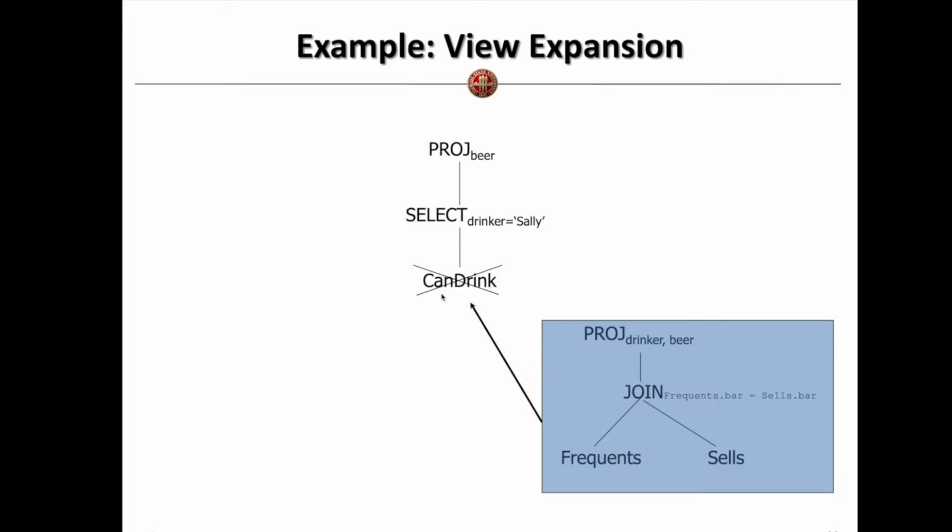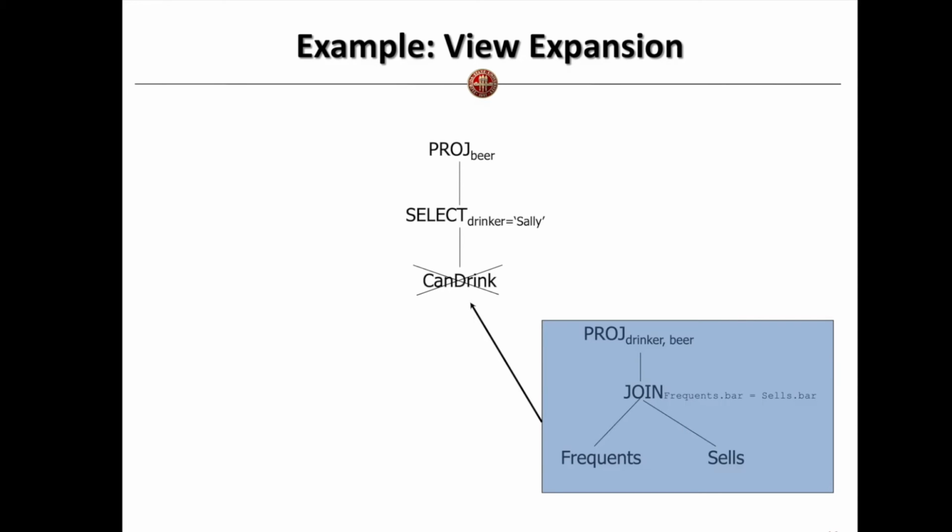However, when the system sees this CanDrink, it will remove this CanDrink and replace it with the expression tree for the original query as shown here. Because CanDrink is defined based on Frequents and Sells, we do the join and a projection. We will replace this CanDrink with a subtree and insert this subtree into the place for the CanDrink.